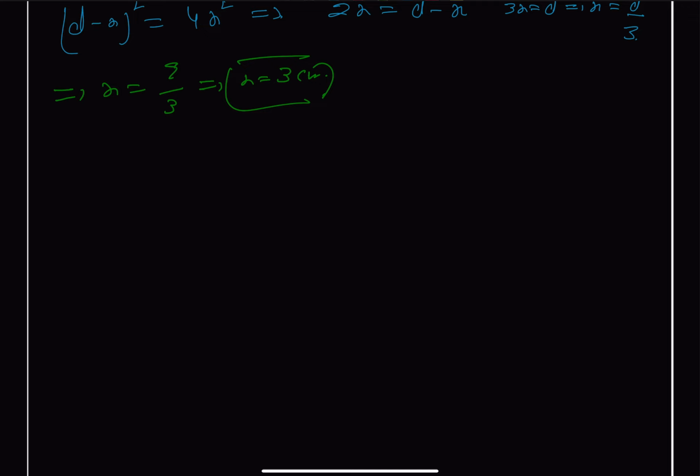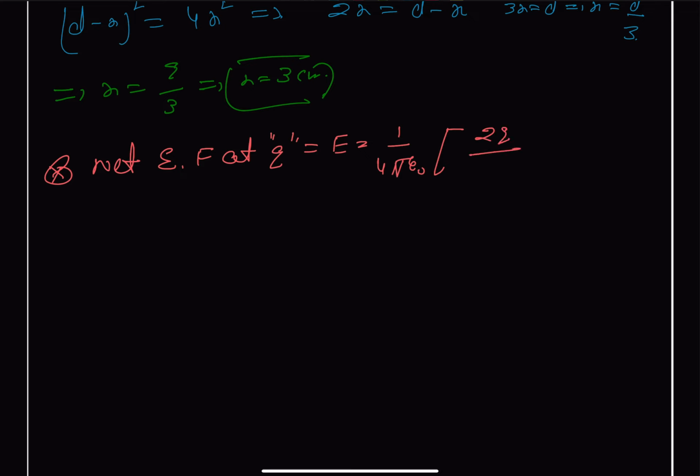Therefore we can say that net electric field at charge Q, if given as E, will be equal to 1 upon 4 pi epsilon naught, and this comes as 2Q divided by 3 square minus 8Q divided by 6 square.